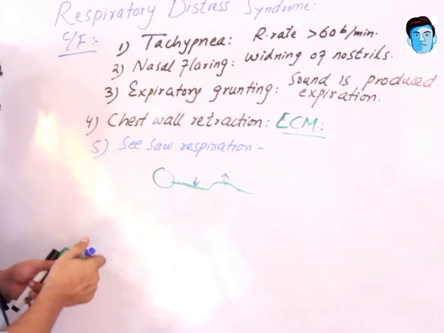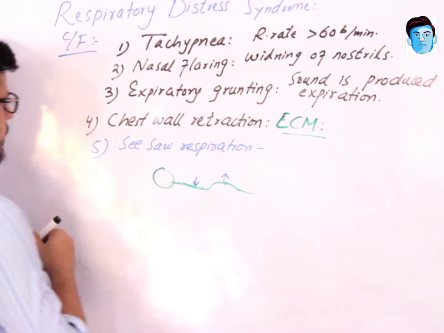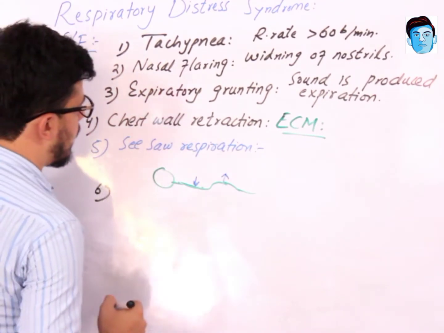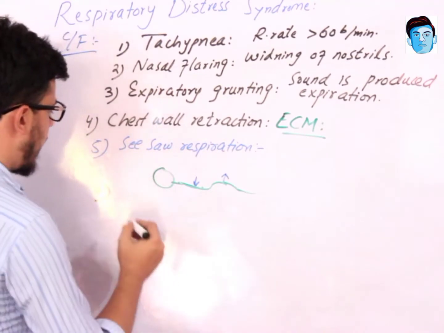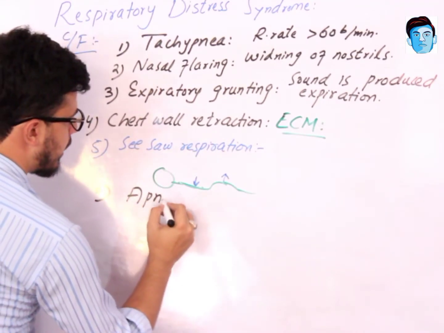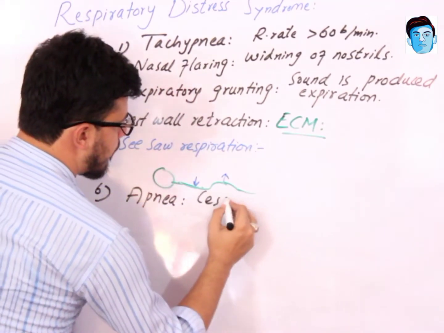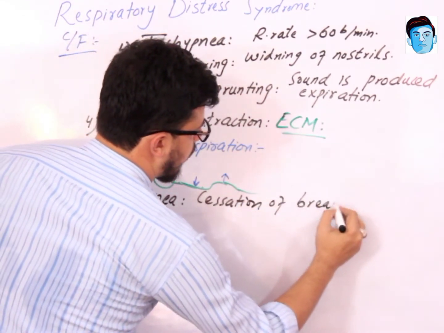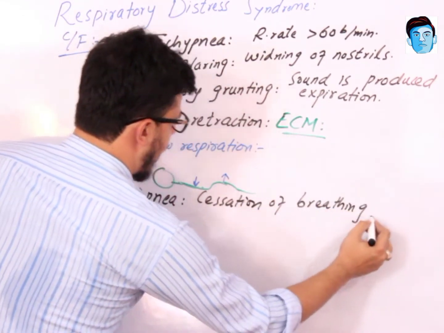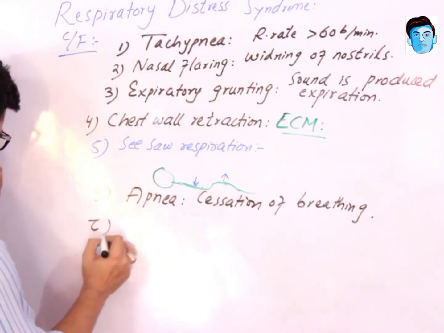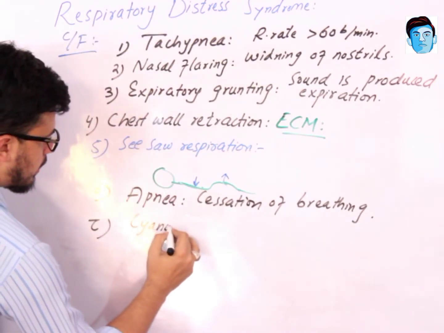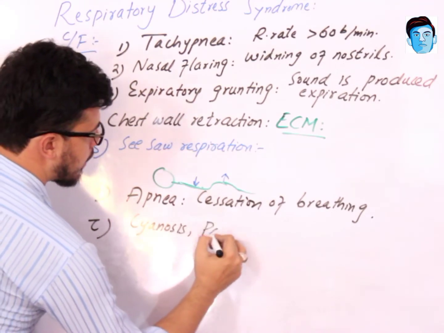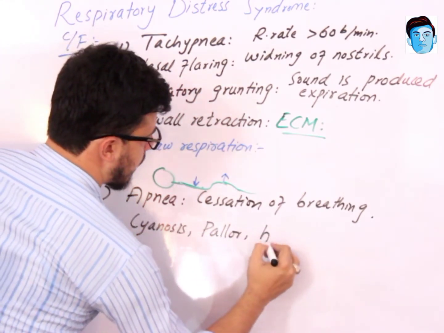Also there is apnea as well. Apnea means there will be cessation of breathing. And there may be cyanosis, pallor and hypothermia.